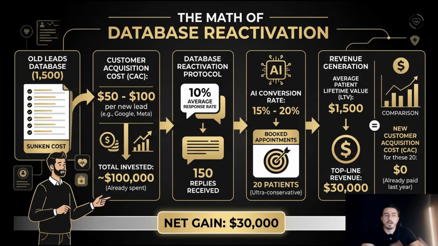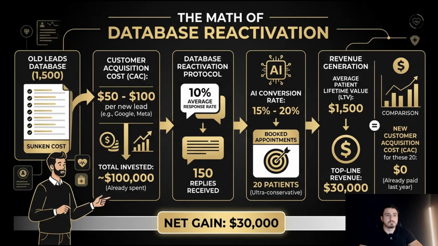So now that we go ahead and run our database reactivation protocol, a baseline, average response is usually about 10%. So it's about 150 people that will reply to that text. And out of those 150, usually the AI can convert between 15 to 20%. We'll be ultra conservative here, and let's just say 20 people book.